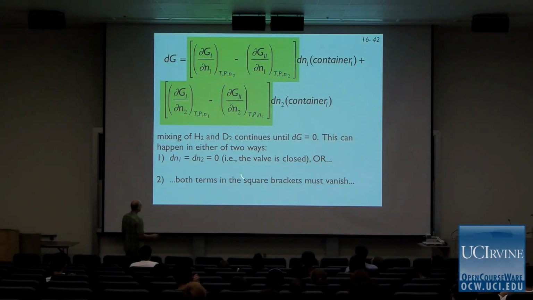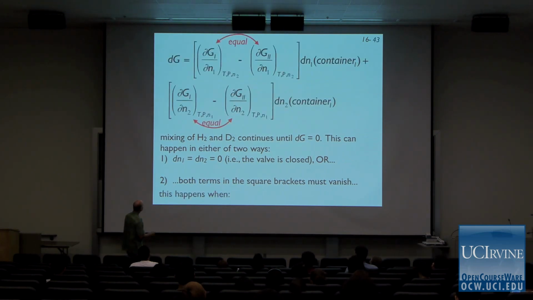The other possibility is that this difference and this difference are both 0. If that's 0 and that's 0, I think you'll agree that dG will equal 0. So that has to equal that, and that has to equal that.